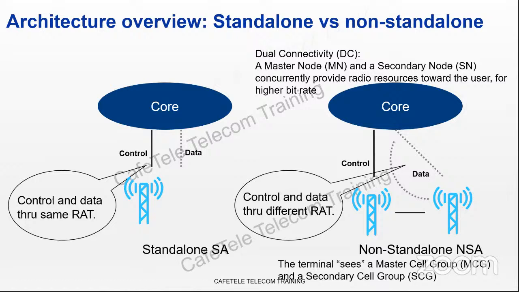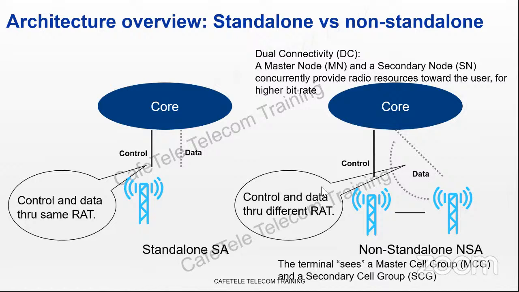Non-standalone is the concept where a subscriber is dependent upon two different bearers, like the DRB coming from the 5G gNodeB and the SRB coming from the eNodeB. In that scenario, we have non-standalone.